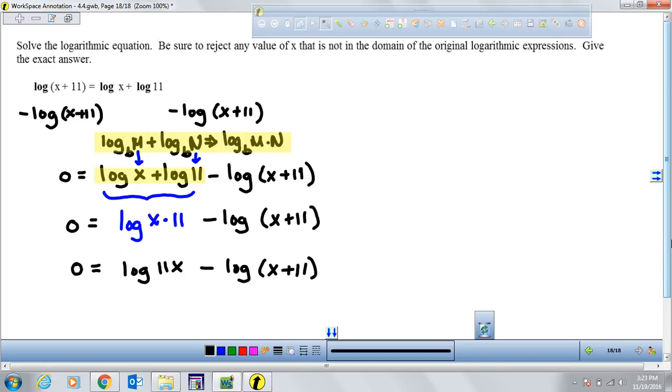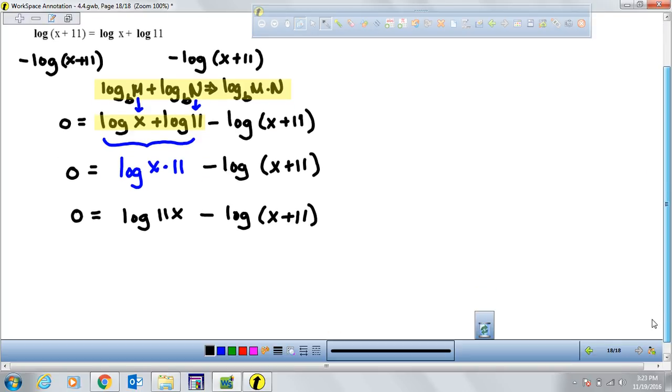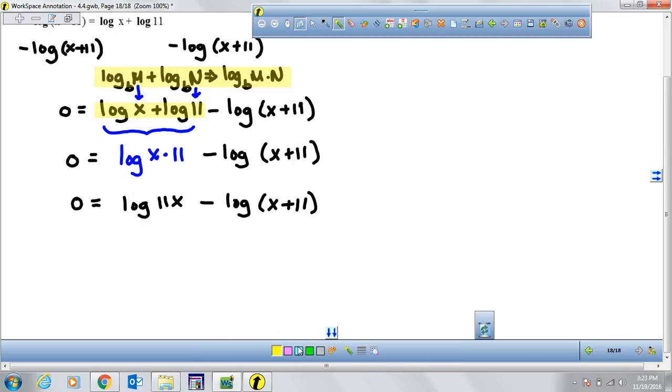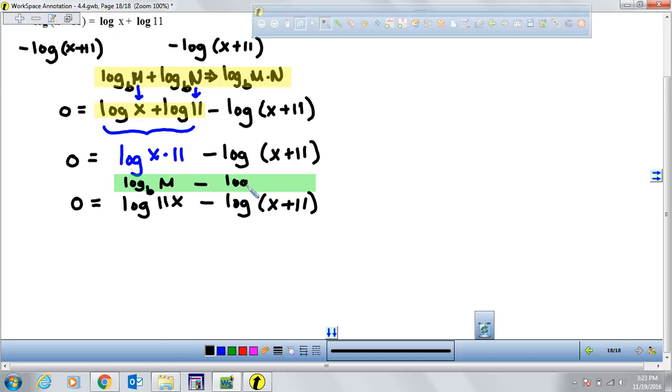Then, the next thing that we would do is condense it again by using the second rule. I'm going to highlight it so that you don't mix it up with the rest of the stuff. This is the formula. The formula tells me that if I see log base b of m minus log base b of n, that is equal to log base b of m divided by n.